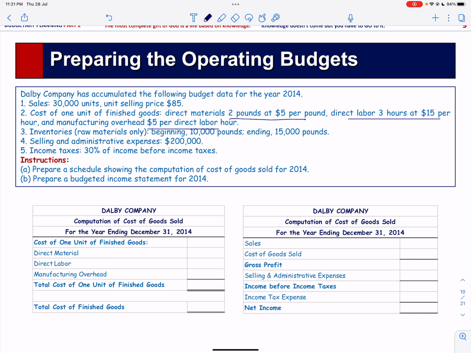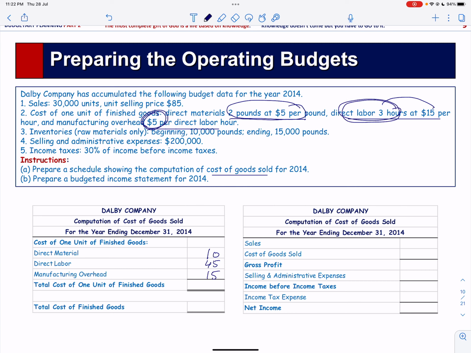So first of all, let us go into how to calculate the cost of goods sold. And we have direct material 2 pounds at the rate of 5 per pound, that makes it 10. Direct labor 3 labor hours at the rate of 15, that makes 45. And manufacturing overhead is 5 per direct labor hour, so that makes 15.